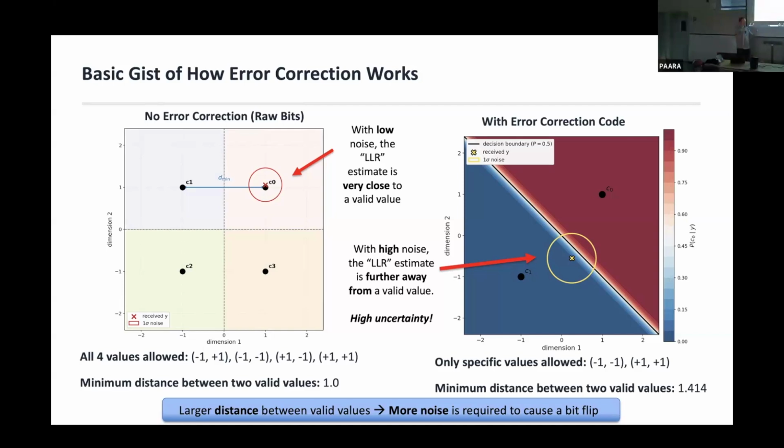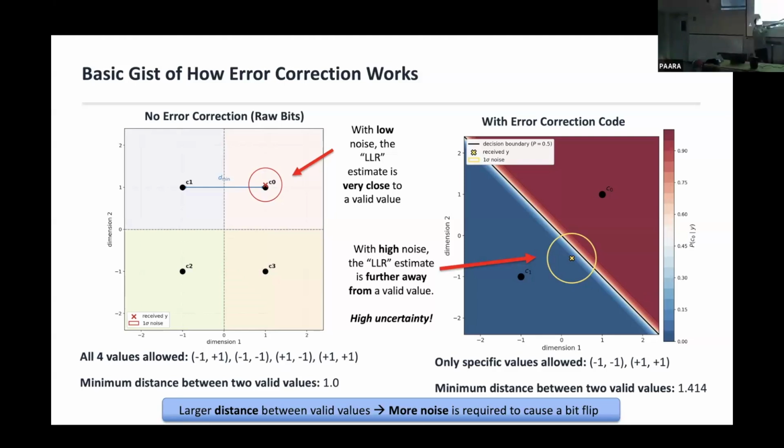The way to think about it is, if this yellow circle represents your really noisy value, you don't know which tone it is, and you convert it into this binary thing. It's kind of wide, and it's basically just on the border of this threshold here. In this case, with error correction, we're only going to allow specific values like -1, -1 and +1, +1. So we don't allow these to be valid values.